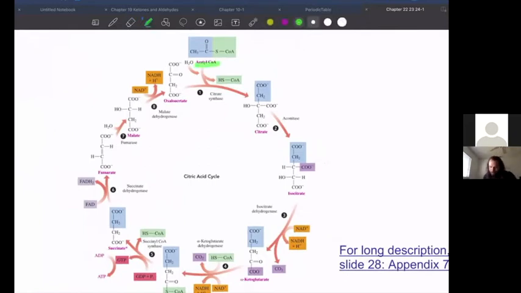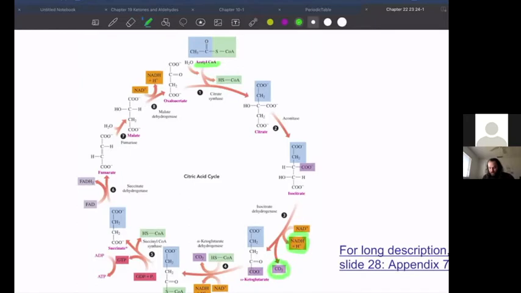Entering this cycle is acetyl-CoA. We don't really need to know the individual steps, but just to go through it briefly, that's going to be linked up to a molecule of oxaloacetate to create the 6-carbon citrate. In the next step, we have our first energy production step, where 1 molecule of NADH is generated.